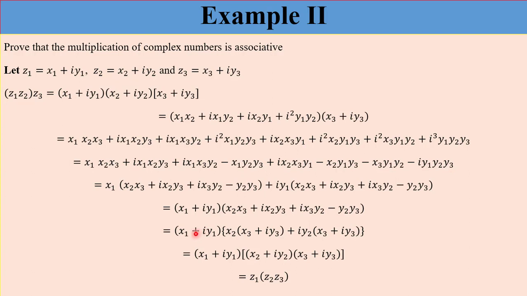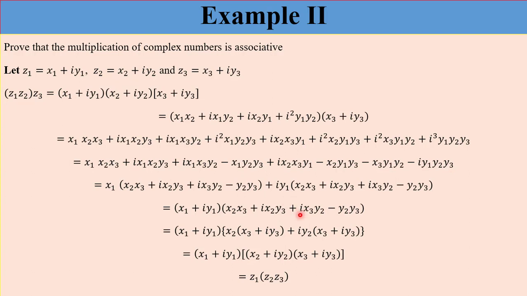So we can go ahead and factorize x2x3 plus ix2y3 plus ix3y2 minus y2y3, and this can be done. If we pull out x2, we shall have x3 plus iy3.